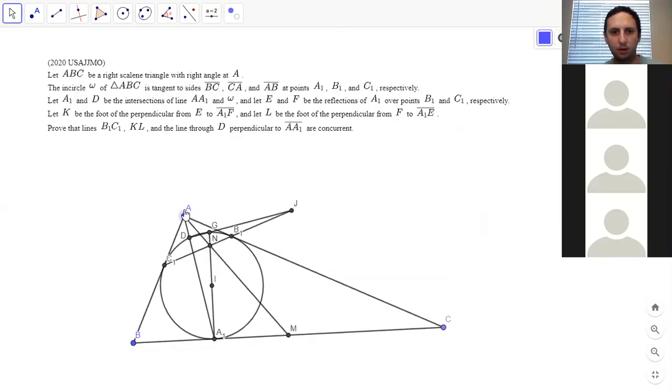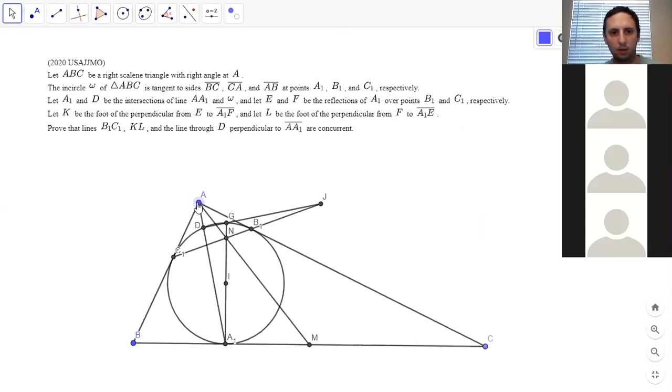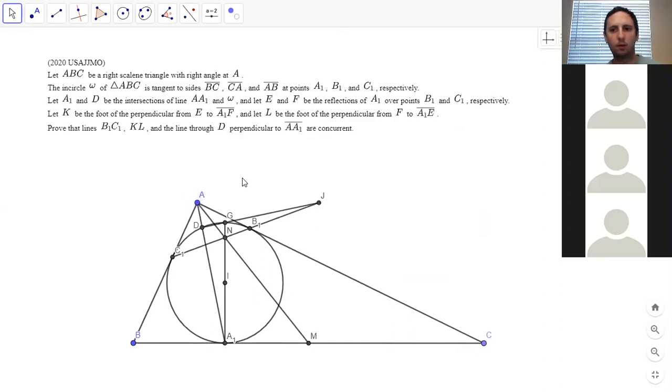Okay. B1, C1, N, and J are harmonic. Which is the same as saying, yeah, N lies on the polar of J.